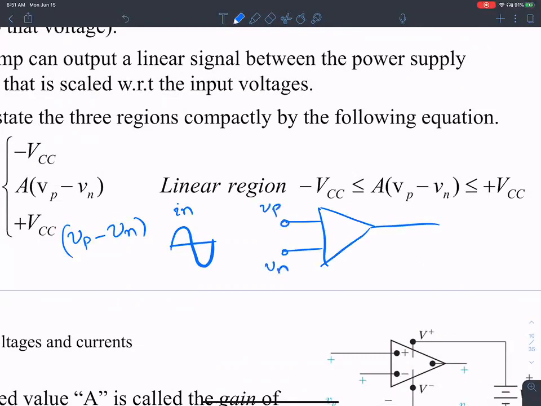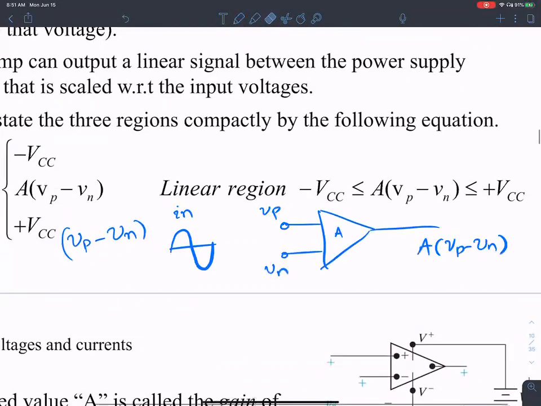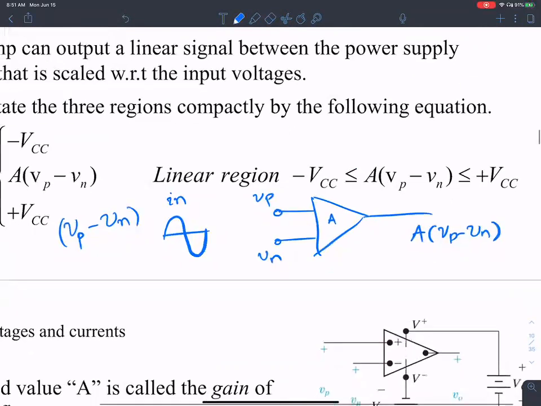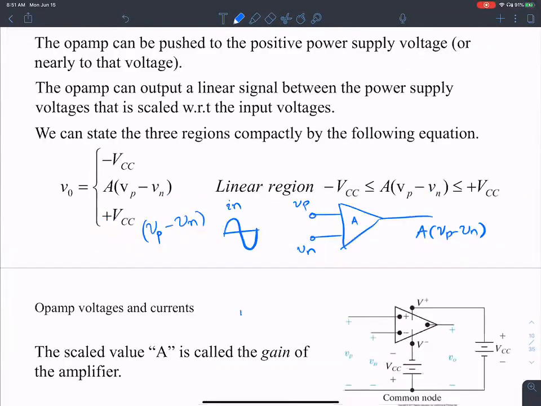When the amplification is A, the output is A times the difference VP minus VN, right? What do you think happens if VP minus VN goes up? The output is going to be an amplified version of the input.